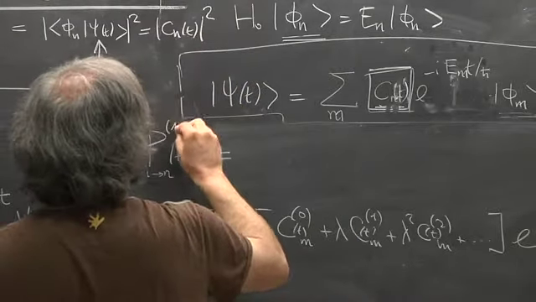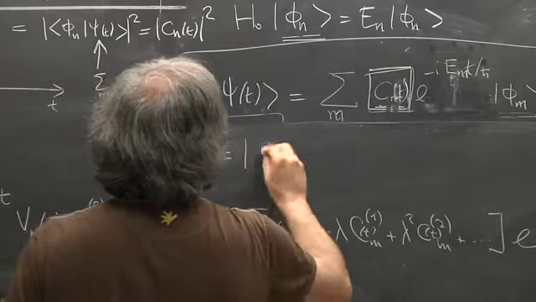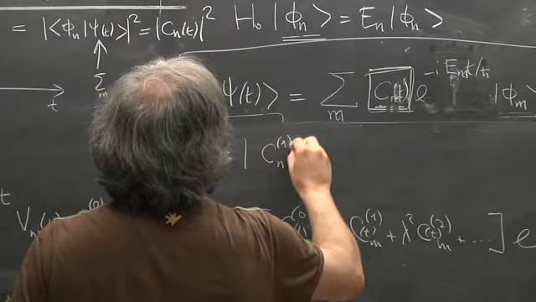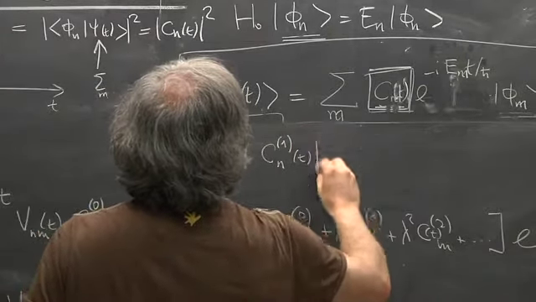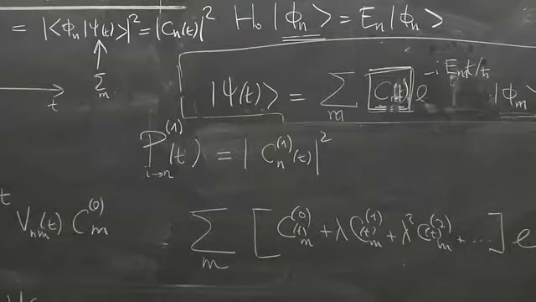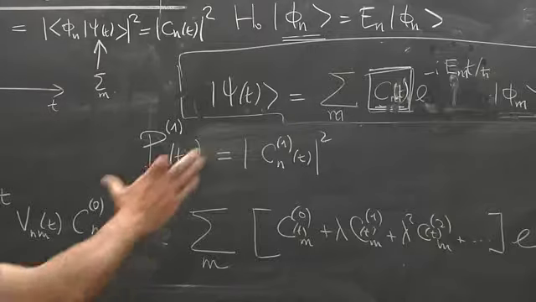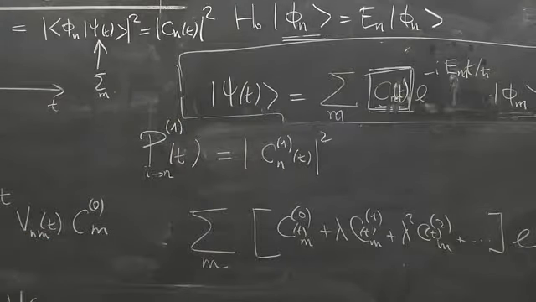In first order perturbation theory, it would be Cn1 of t modulus square. Okay? If I go to second order, I should sum C1 and C2. And then I have to square. First I sum the amplitudes, then I square, obviously. I don't sum the squares. Okay? I have to sum the amplitudes and then I square. All right. So is it in principle clear what to do?